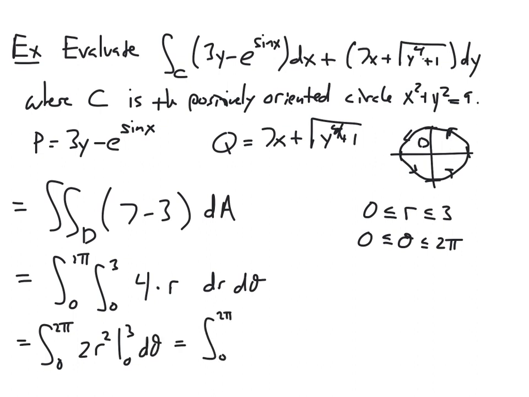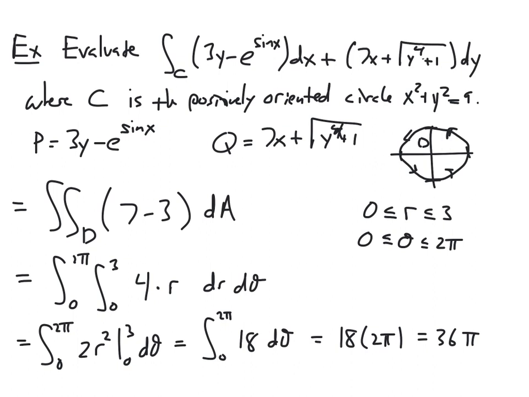So integral 0 to 2 pi, we have 2 times 9, which is 18, minus 0, so 18 d theta. And so this is just 18 times 2 pi, which is 36 pi. Okay. And so we saw that as a line integral, this is virtually impossible to compute.